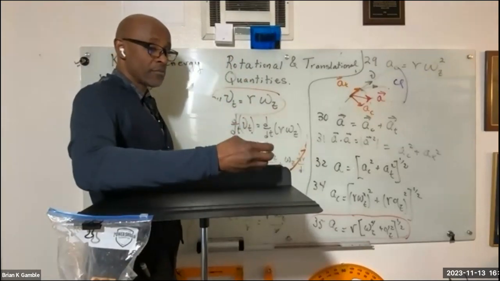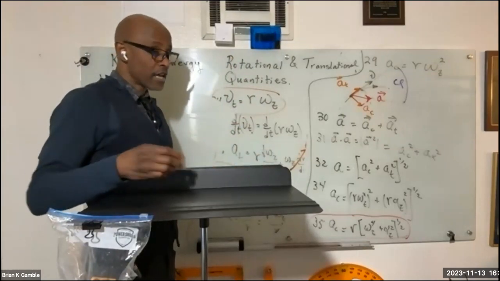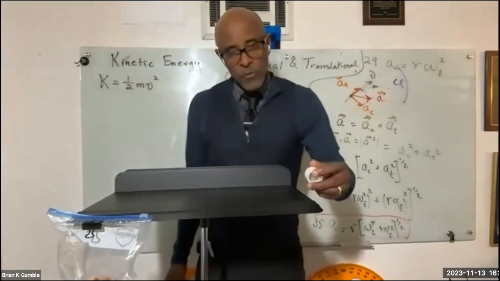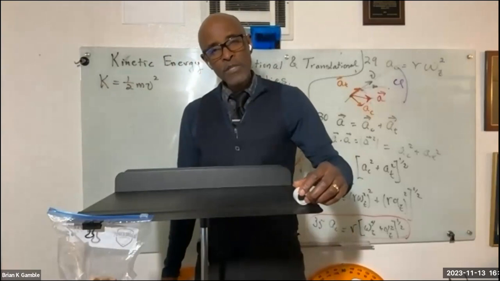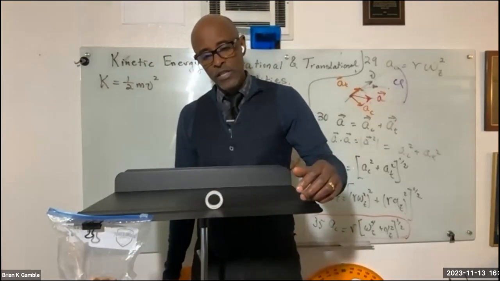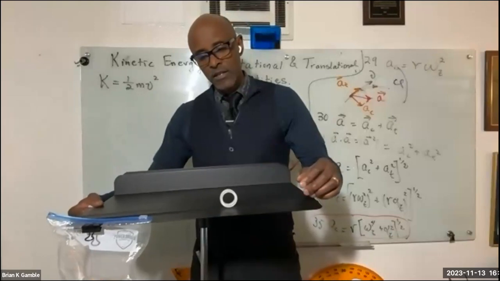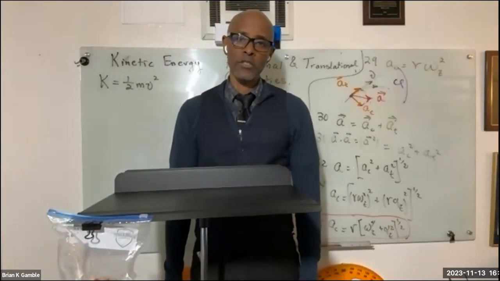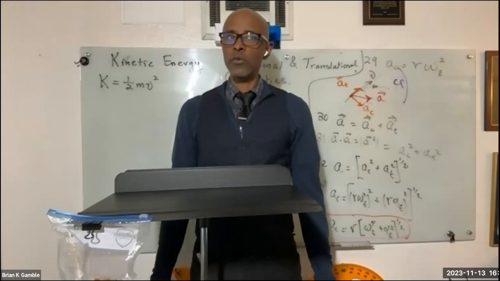If I don't spin it but slide it along, it just has linear motion, it has kinetic energy. But my question to you is this: what happens if it does both? If by rolling it, I give it both linear motion and rotational motion, does it have more energy than it would have if it were just doing one or the other?